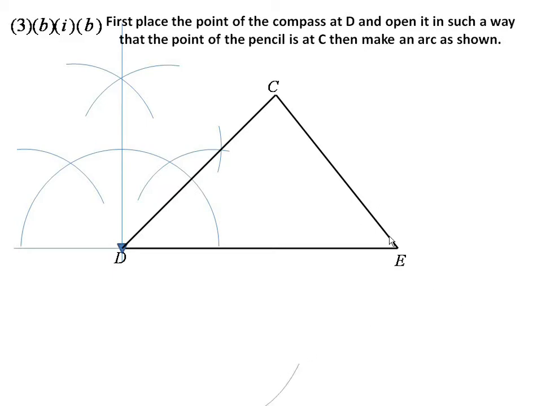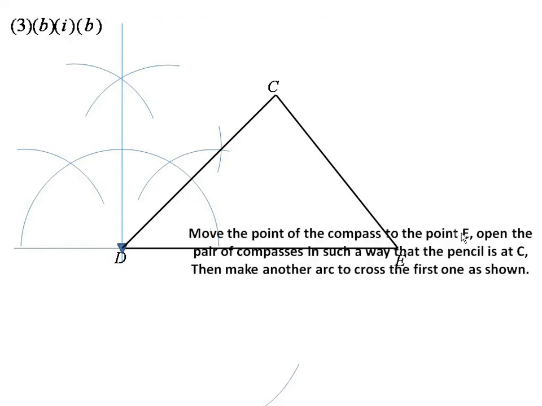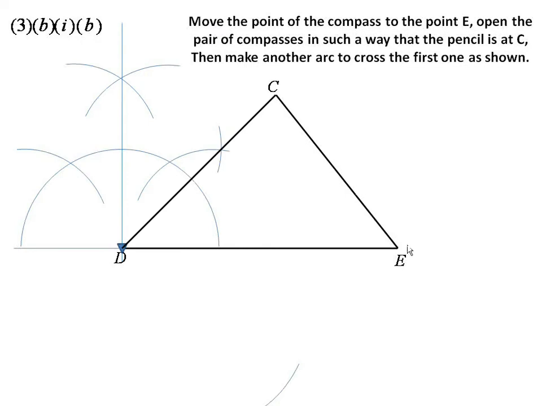And we need to get the same length as CE over this side also. So we'll put the compass point at E, then open the compass to C in such a way that the pencil is at C and the point of the compass is at E, and then we make an arc to cross this one.